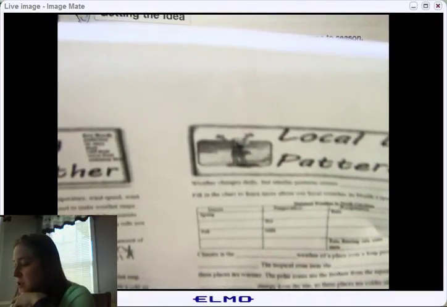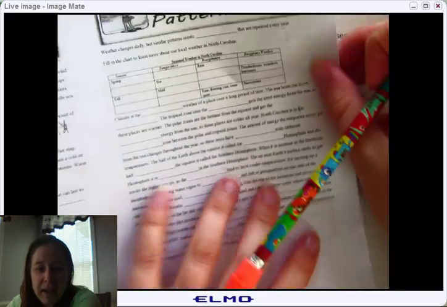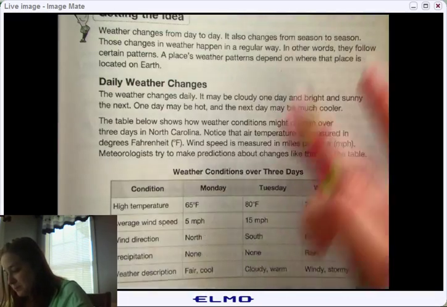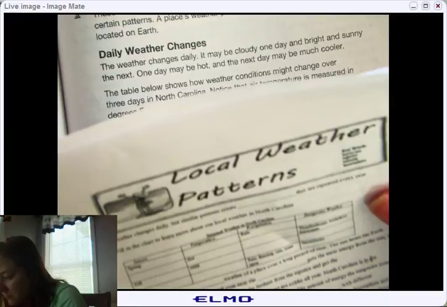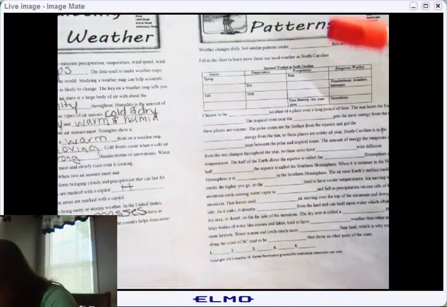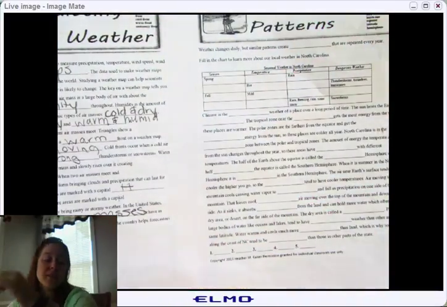Fill in the chart to learn more about our local weather in North Carolina. So spring, we cannot fill that out. That's going to be on the back of the page. I was making sure that it was not the table at the very beginning.